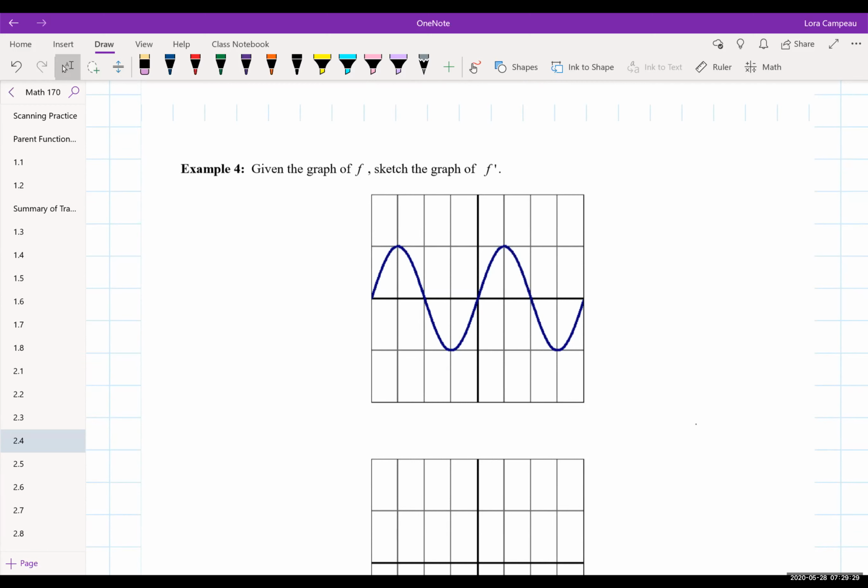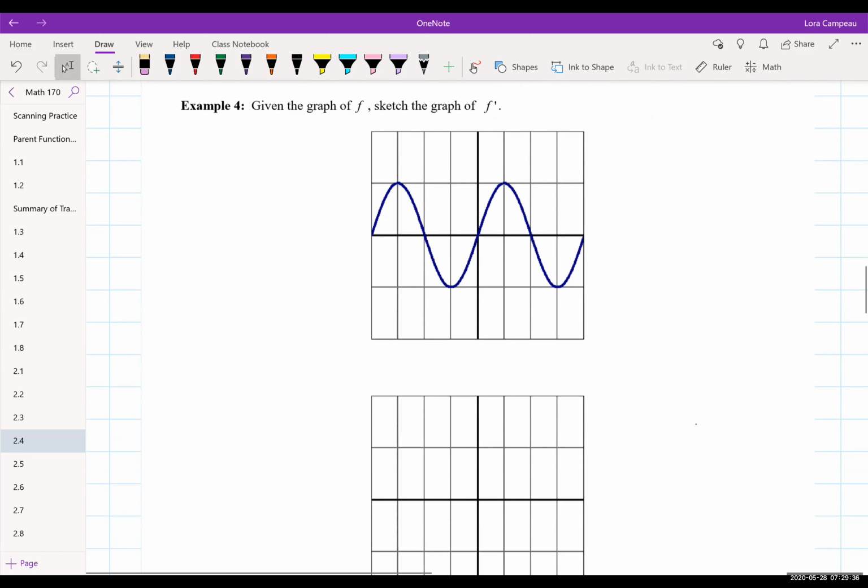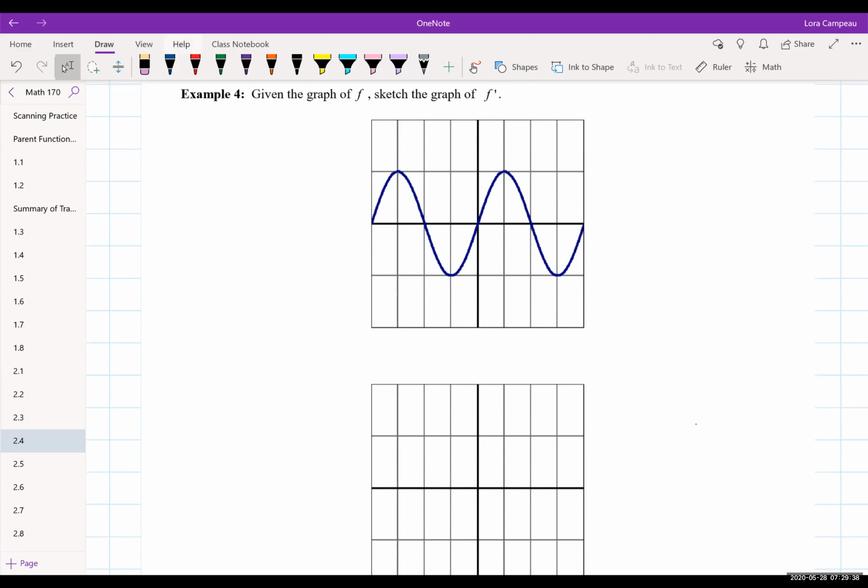So this is the graph of sine of x. Even if we didn't know, we can try to sketch the graph of its corresponding derivative. So again, what I like to do is see if I can identify where I see horizontal tangent lines.